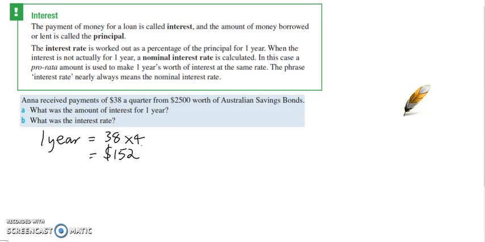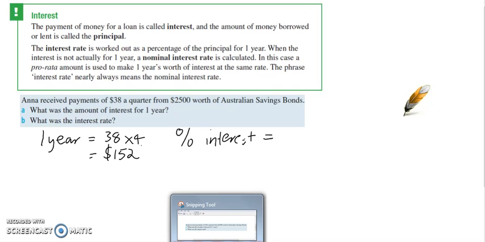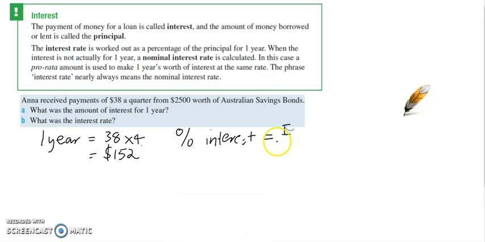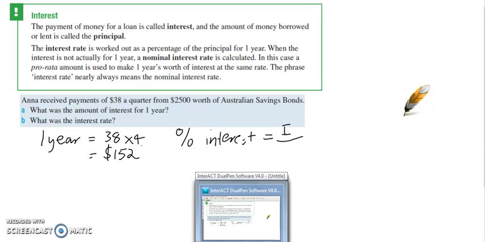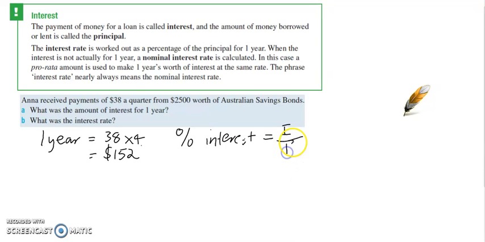And what we can look at then is, remember when we're trying to find the percentages, it's the first thing divided by the second thing. So for our interest rate, the first thing we're looking at is the amount of interest we made, and it will be divided by the amount things cost. So our interest rate in this case is the interest we paid, so the interest divided by the principal.